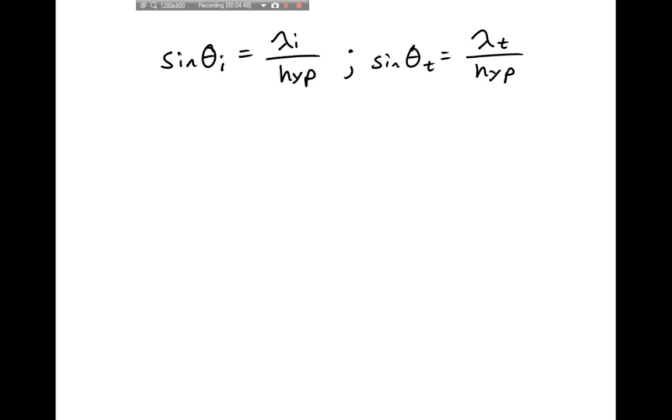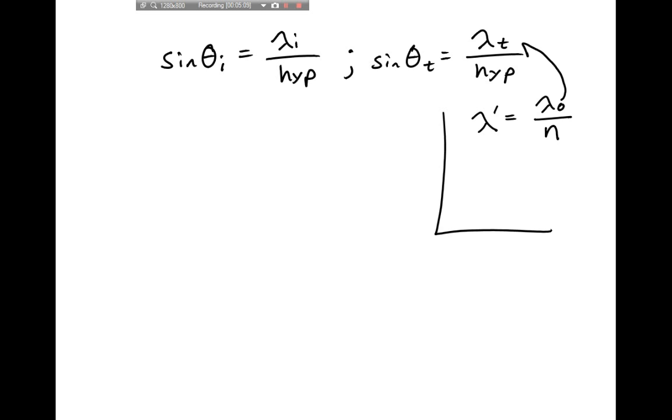And what I really want to do is come up with some way to relate these two functions. And the basic idea is that I can do this by using the formula for the wavelength of light inside a material. Remember that the wavelength of light inside a material is equal to the wavelength of light in air divided by the index of refraction.